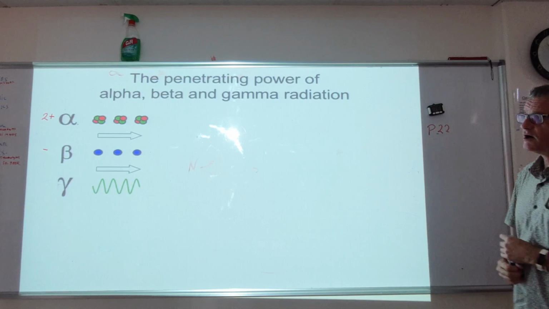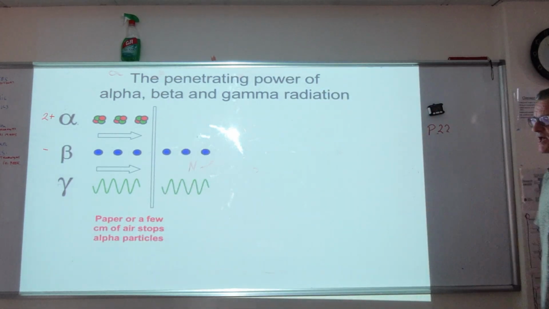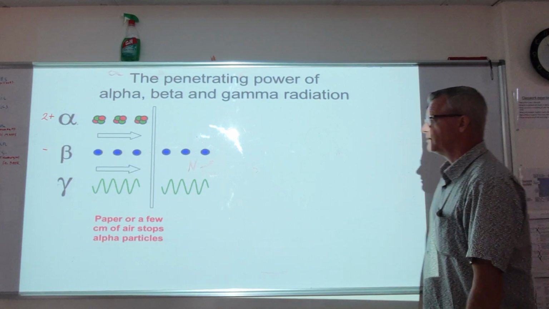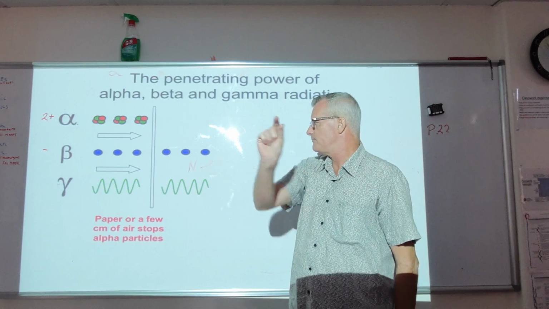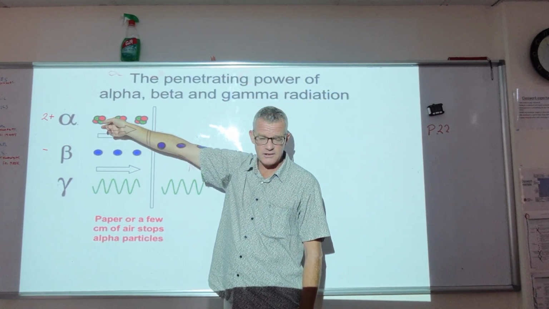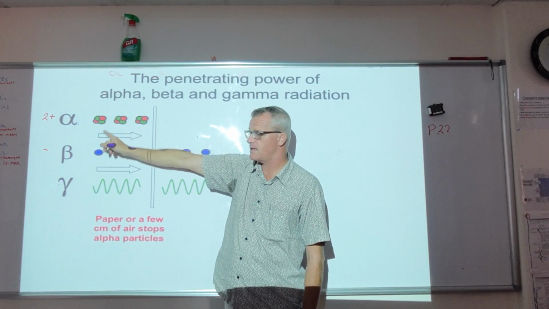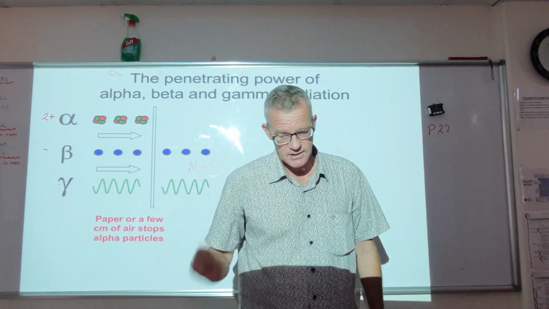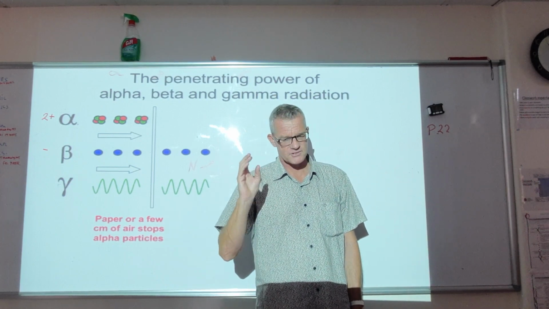Let's look at how alpha and beta can penetrate. A piece of paper or a few centimeters of air will stop the alpha. Now you will understand why alpha radiation is not so dangerous, despite its high ionization rate.